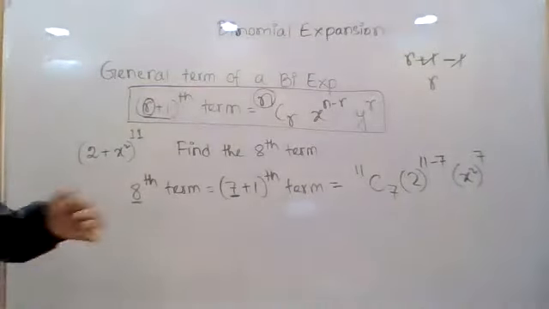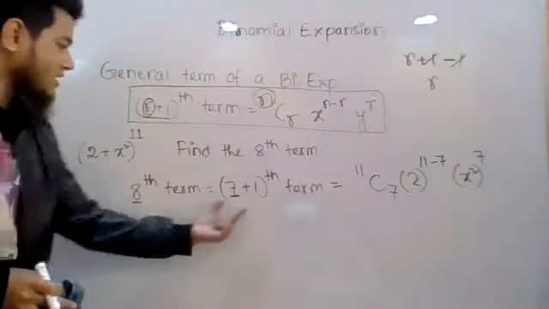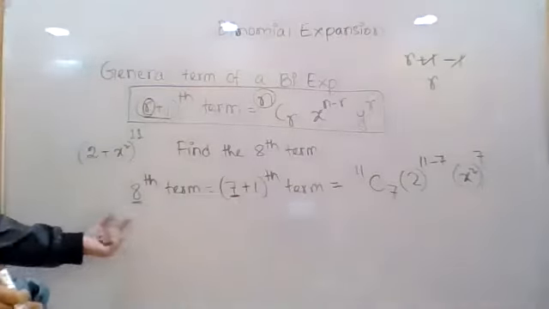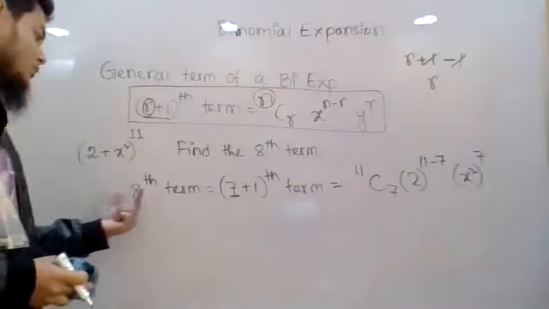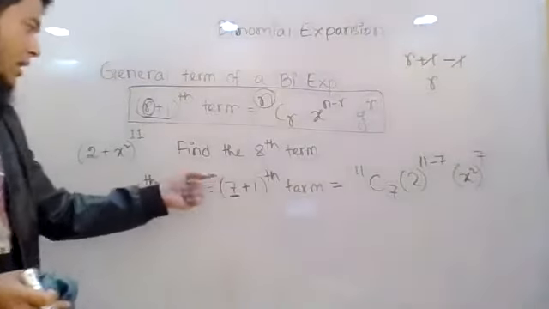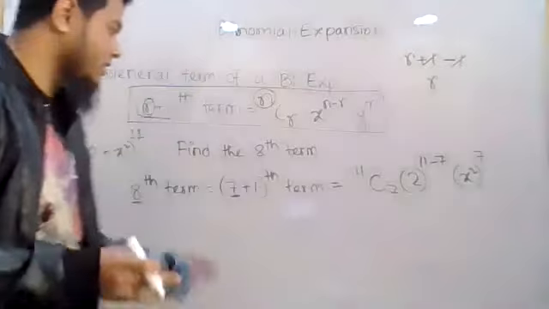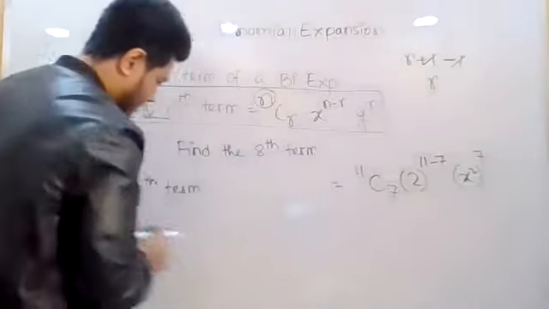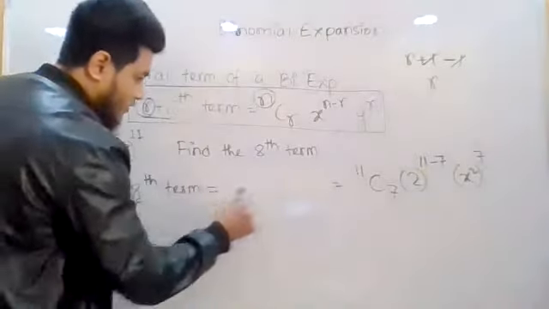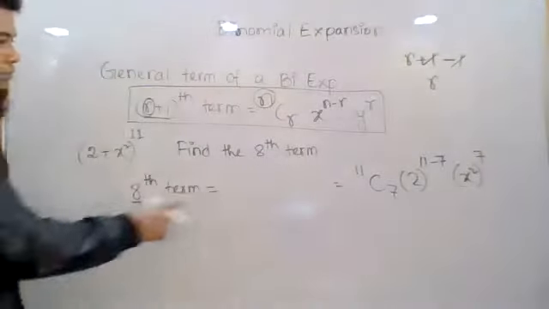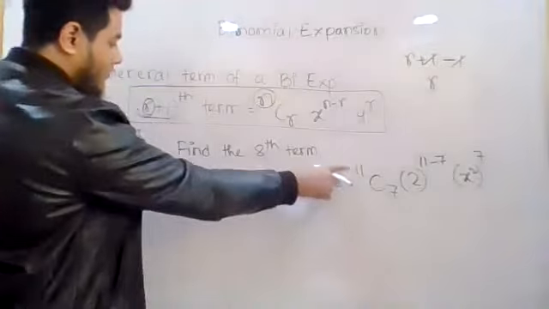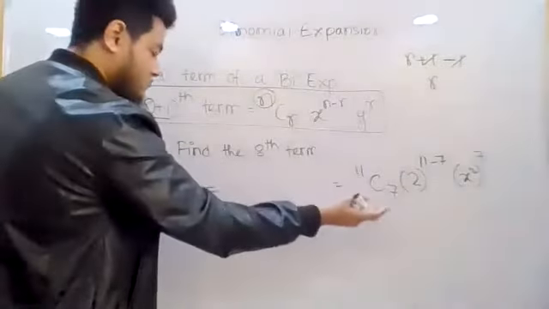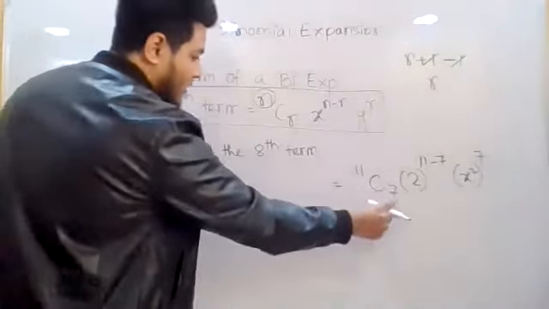Now, if anybody wants to skip this term, let us say, okay, it is confusing to me that I have to write it in 7 plus 1 form, and then I have to put this 7 over here. Okay, you can eliminate this. You can directly write this one is equal to that one. How? You know that you have to write the power n over here. So you write 11, good, you put C. Then what number to put?